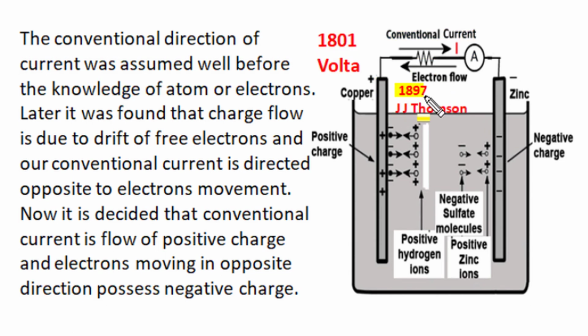And in the year 1897, J.J. Thomson discovered electron by his famous cathode ray experiment, and it was discovered that in our circuit electron drift movement is opposite to the conventional current direction we have assumed from copper to zinc in this external circuit. And now it was decided that conventional current is flow of positive charge, and electron treated as negative charge moves or drifts in opposite direction of conventional current direction.